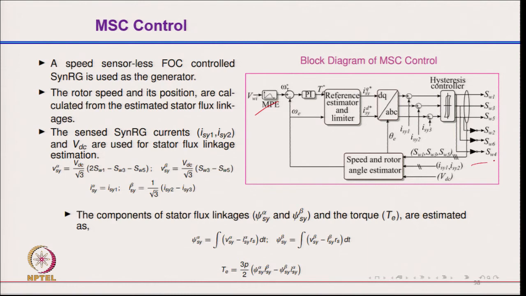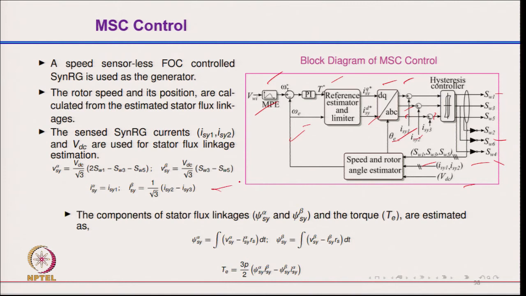You have the estimated speed from your DC link voltage and the 2 currents. You are estimating the speed, and you have a reference speed from the maximum power taking algorithm. So, you have a speed controller giving the torque producing component, and from this error we are able to get the 2 vector control quantities, which are converted using the estimated position into the 3-phase current of the generator, and from the sensed current of the wind generator you get the signal for the machine side converter.